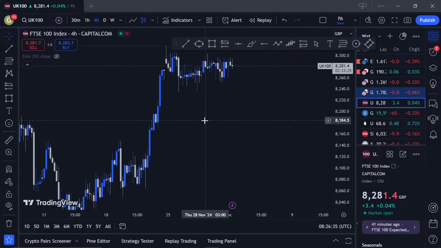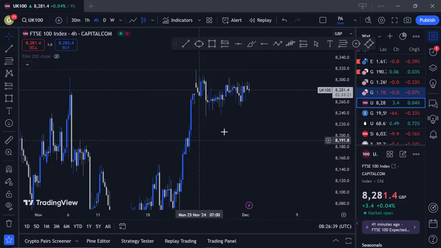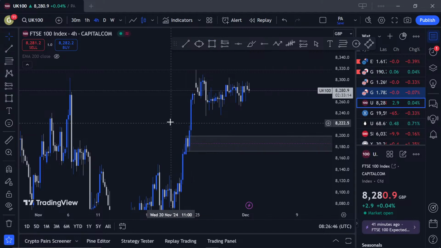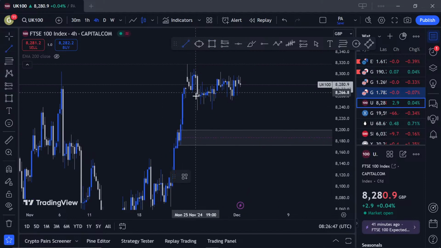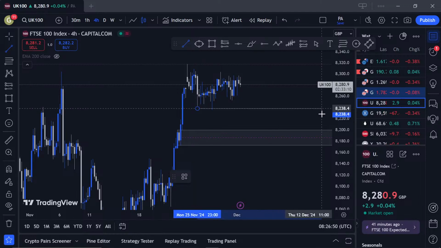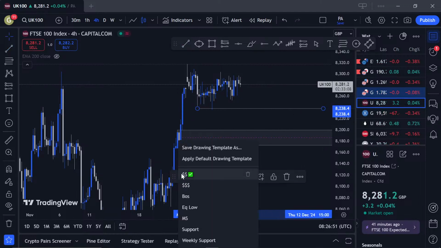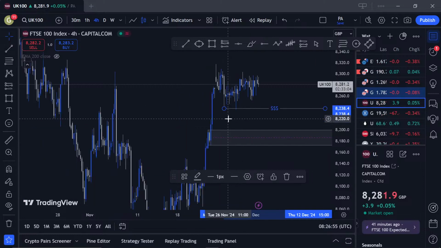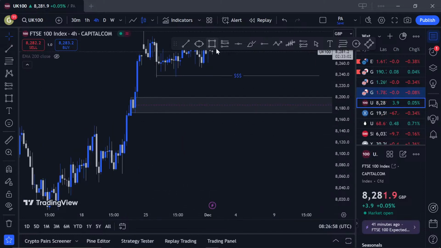Okay, we only have a 4-hour level here. On the 4-hour, we have a demand here. That could use this area. And then we have another demand right here.